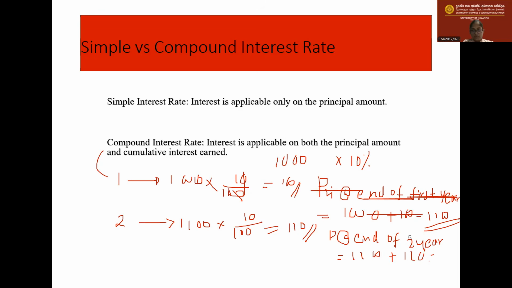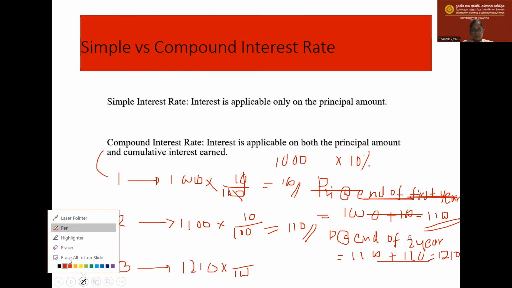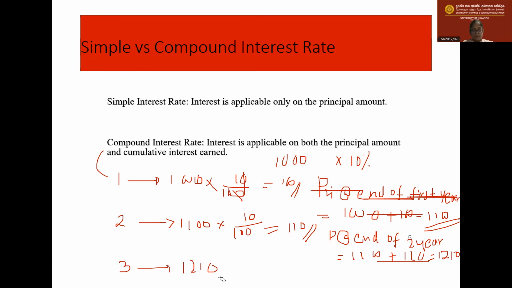Therefore, what would be the amount? 1,210. Likewise, when it comes to the third year, what would be the relevant interest? Take the relevant total amount 1,210 multiplied by 10%, right?